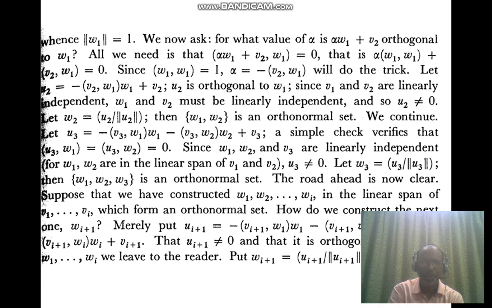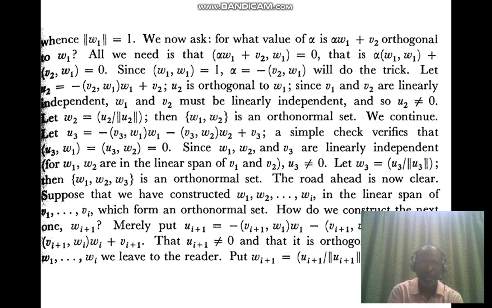So u2 is constructed out of w1 and v2. Now identify that u2 is orthogonal to w1. How? If you take the inner product (u2, w1), you will see that it is equal to 0. Therefore u2 is orthogonal to w1.